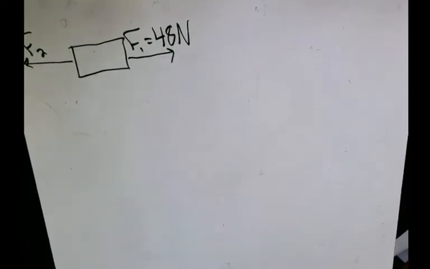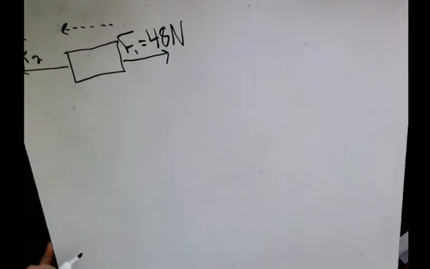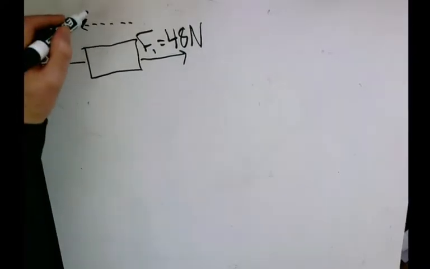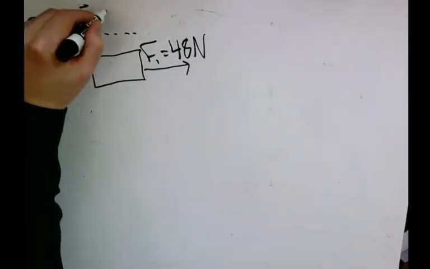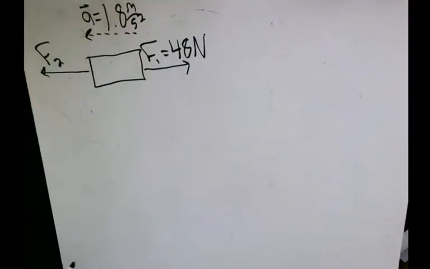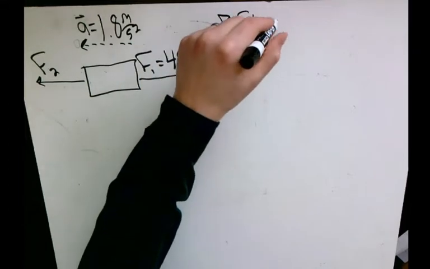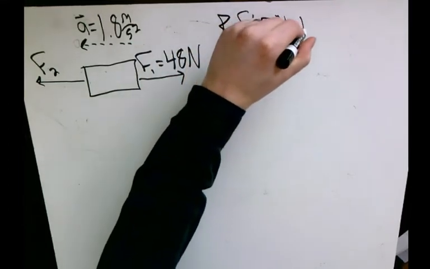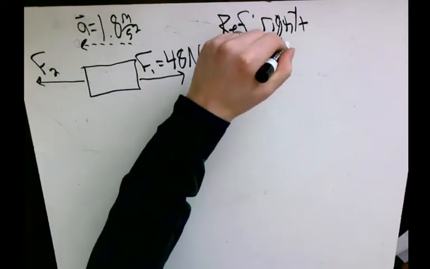And we also know that this box will be accelerating at 1.8 meters per second squared. Okay, just get a quick reference system. We'll say that right is positive and left is negative.